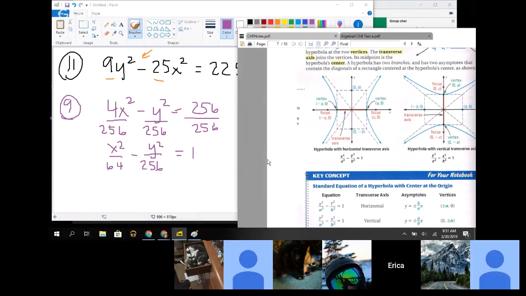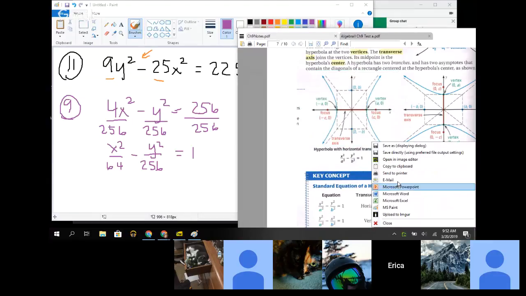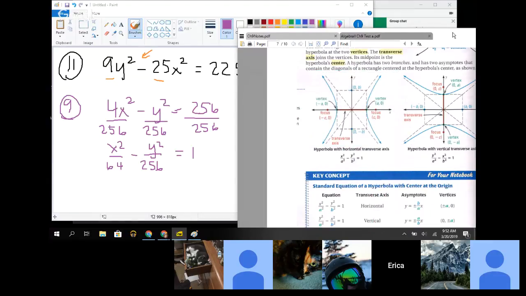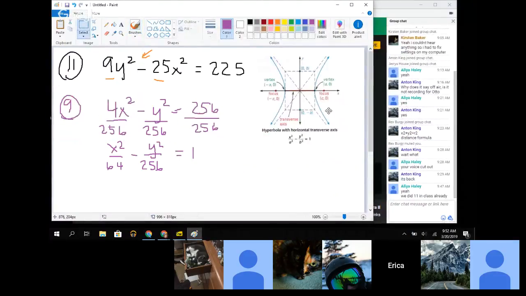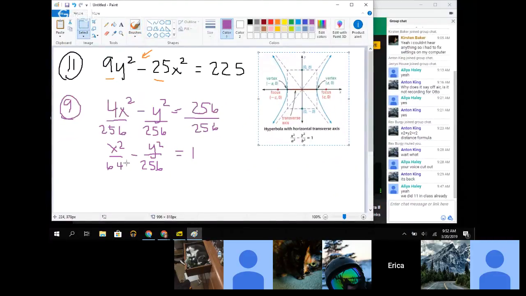We can actually just look at it because of the way it's written. It's x squared minus y squared, not y squared minus x squared. So we just know it's going to be a horizontal hyperbola. I always forget that that's the easiest trick to do. You can just look at it and see. So in this case, it's not necessarily the size of the number that controls it, it's the way the equation is written.